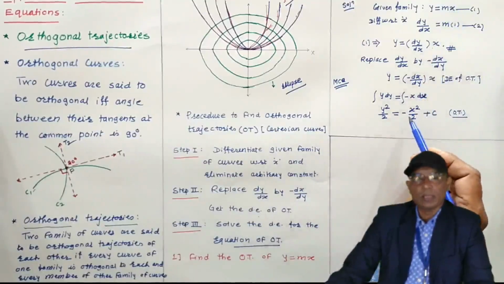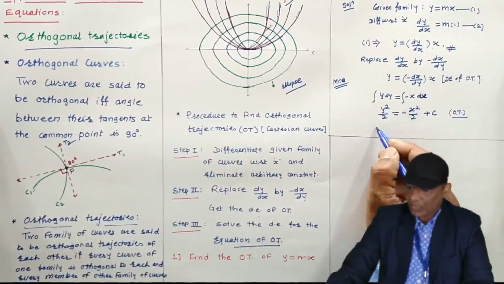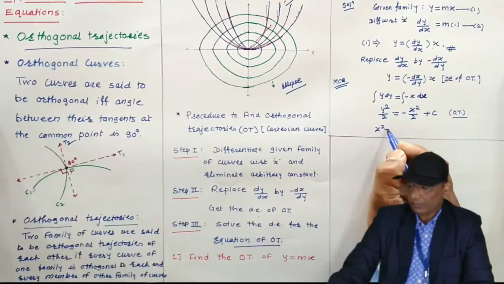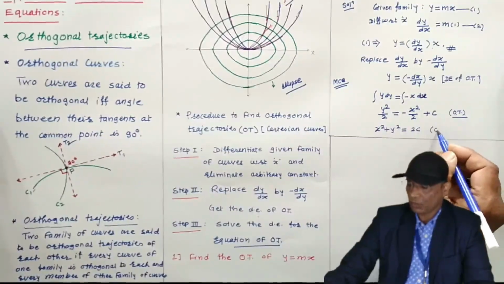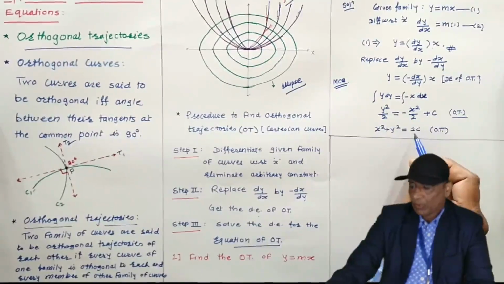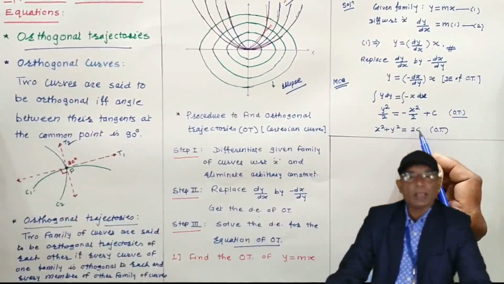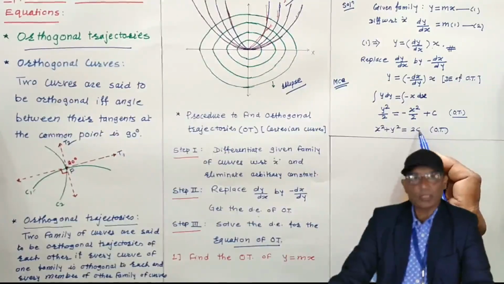Okay, this equation may be simplified further like this. You can shift x square on the left hand side, multiply by 2, so you will be getting like this. Okay, this is also the orthogonal trajectory. These two equations are the same. You may replace 2c by c also, or you may replace 2c by b also, because this is a general constant or constant of integration.